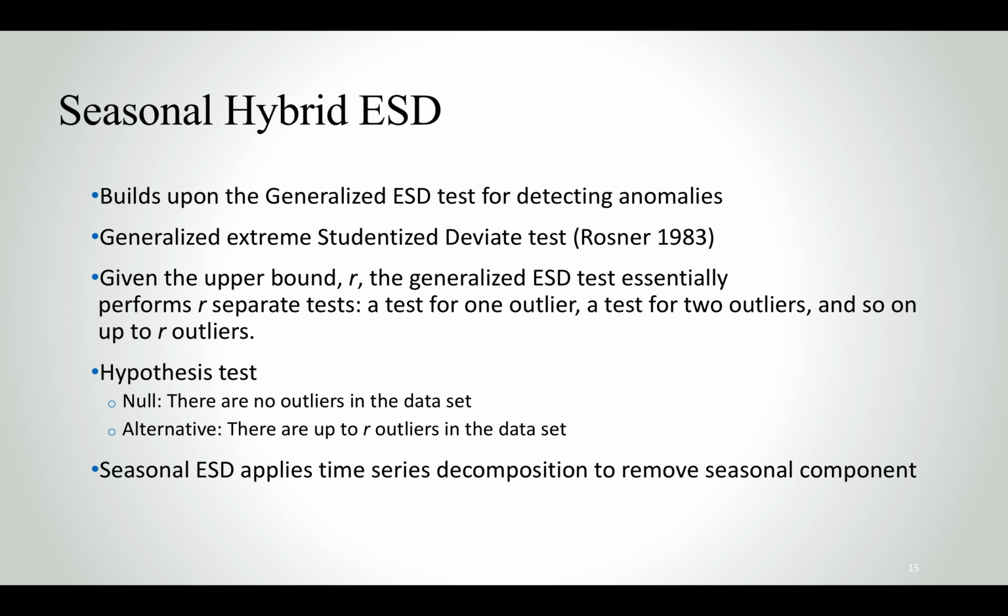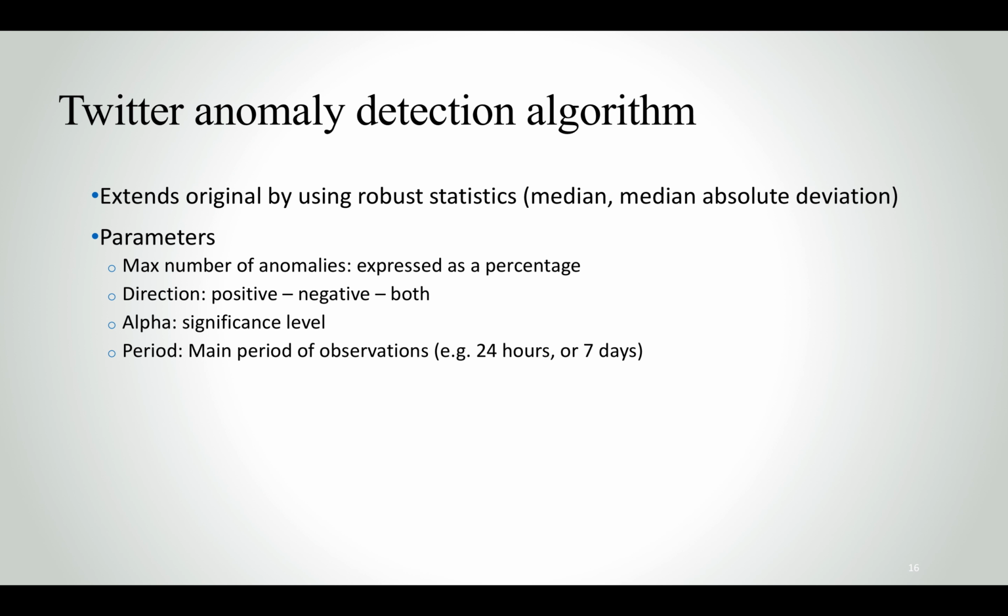It uses robust statistics to understand what the median and the deviation around the median look like, and then tries to understand whether there are any points which deviate from what it considers standard based on the calculated statistics. Twitter expanded the technique by also applying seasonal decomposition in order to remove seasonal components, which can affect the process in time series.